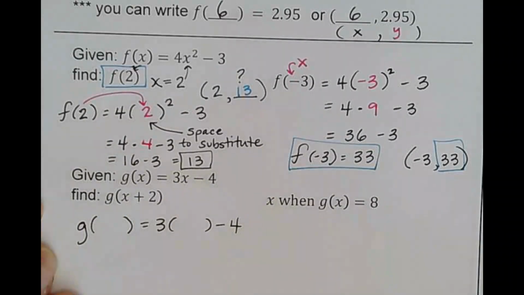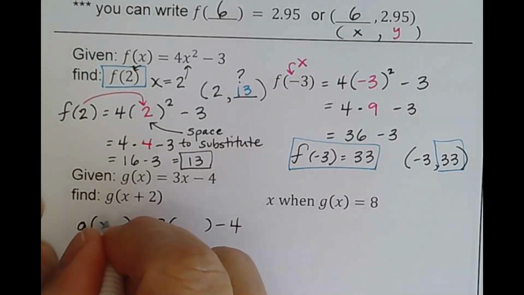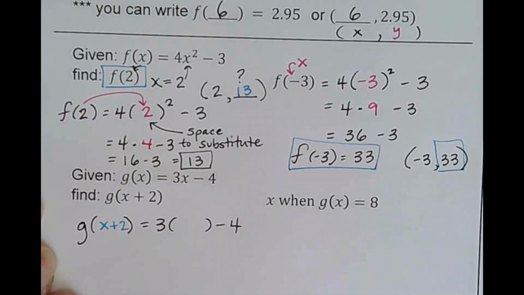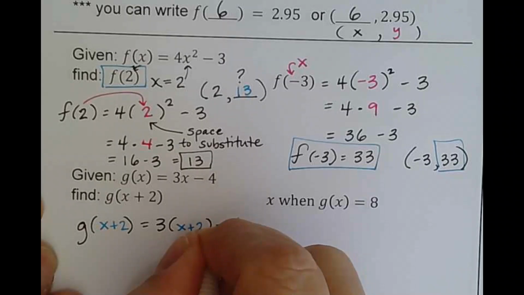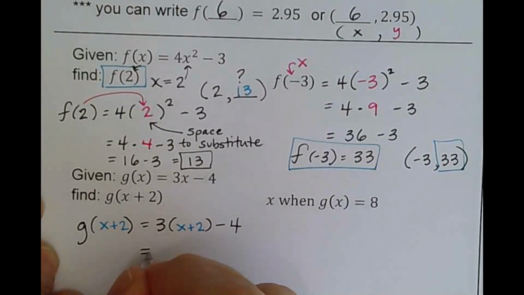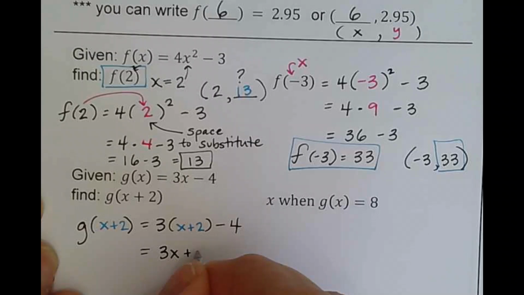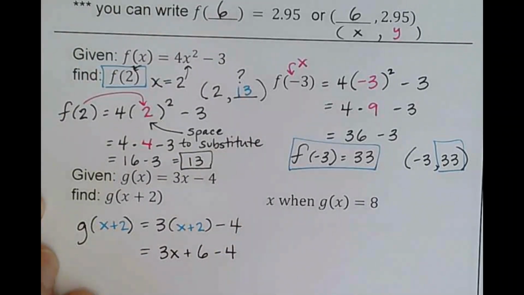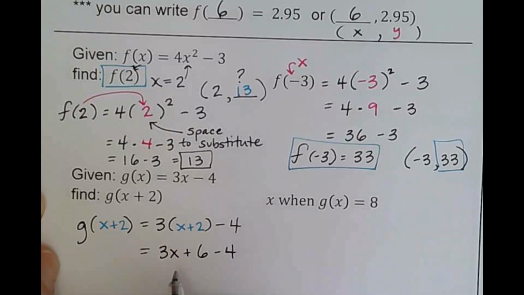This time, in place of x, I'm finding g of x plus 2, so I put x plus 2 here instead of x. Next, I distribute, and I find 3x plus 3 times 2 is 6 minus 4 as my next expression, and then I can combine these constants, and g of x plus 2 is 3x plus 2.